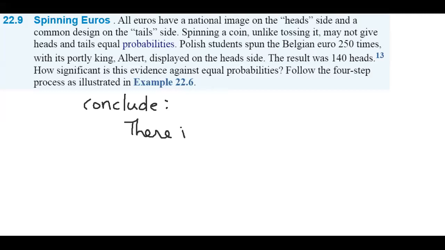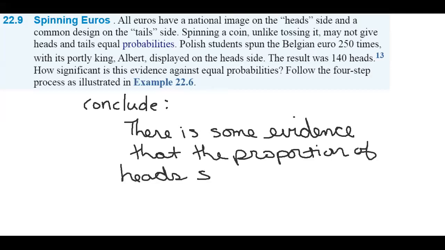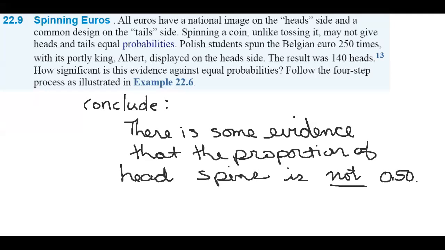So there is some evidence, weak, that the proportion of head spins is not 0.50. So there's some evidence. It's weak, but it's there.